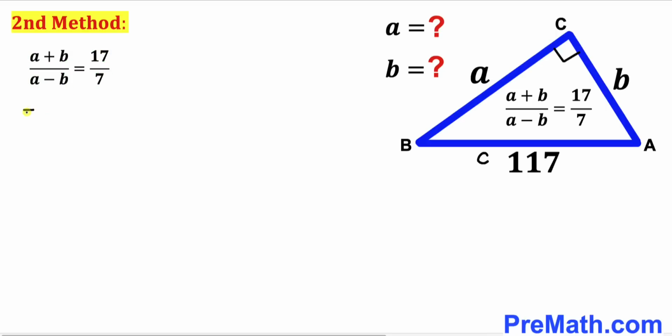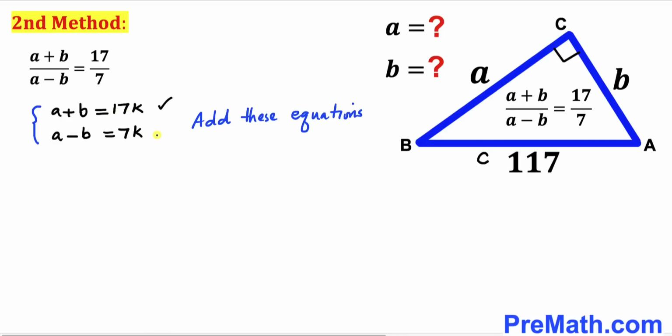So we can write a plus b equals 17 times some constant k, and likewise a minus b equals 7 times some constant k as well. Our task is to find the value of this constant k. Now we end up with this system of two equations, and we are going to add them.